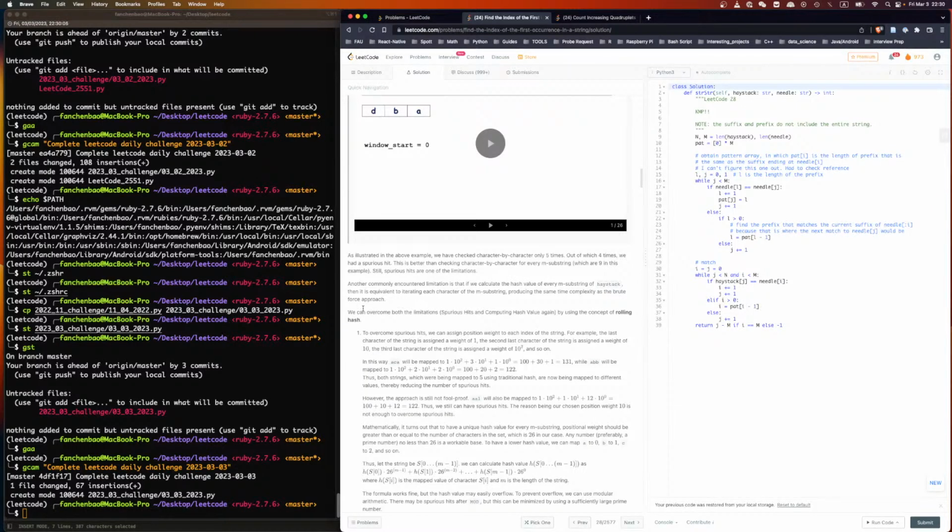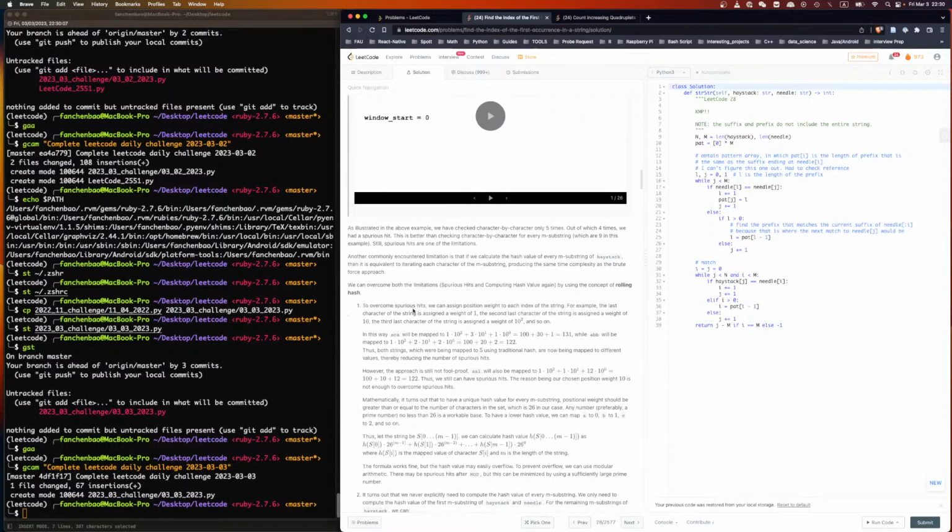A rolling hash. Yeah, I can do a rolling hash.